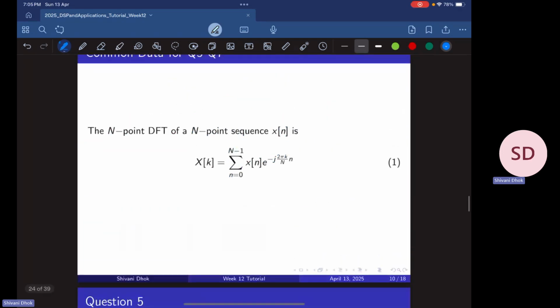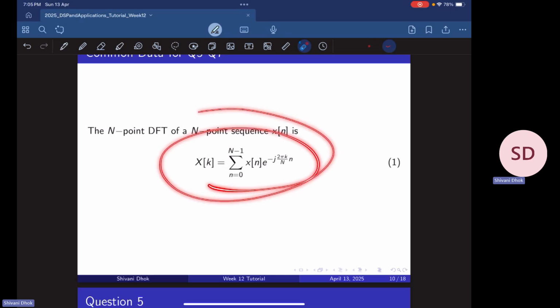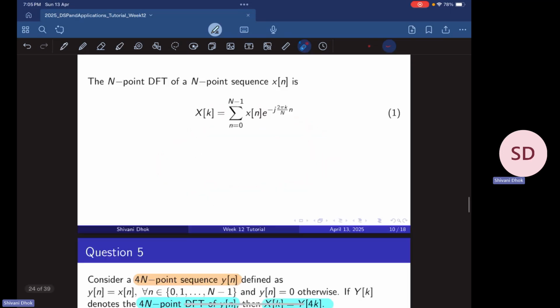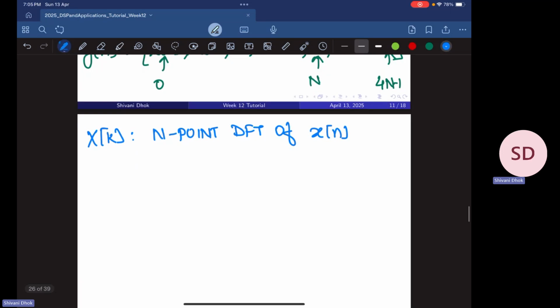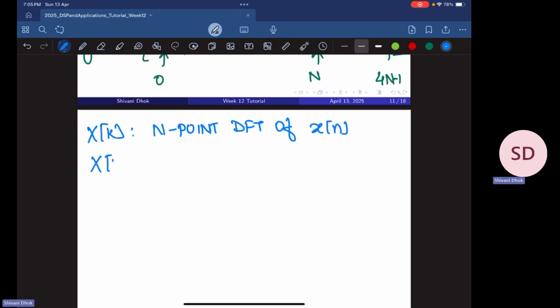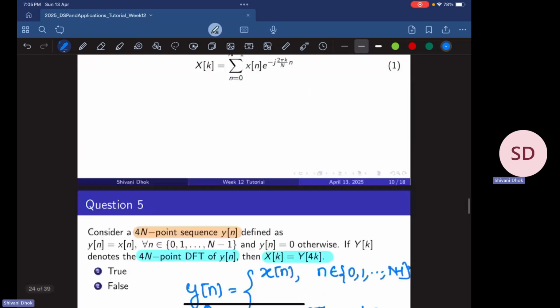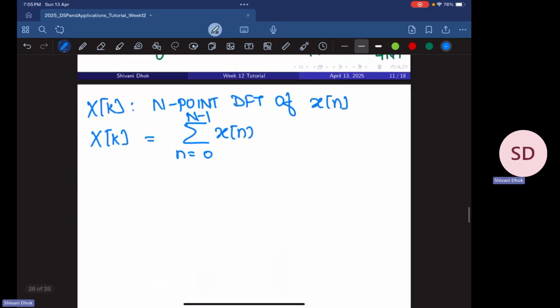This is coming from this fact here, so we need to use this. It is given by X of k equal to the summation n running from 0 to N minus 1 of x of n into e power minus j 2 pi k n by capital N. Okay, so we have this thing here.